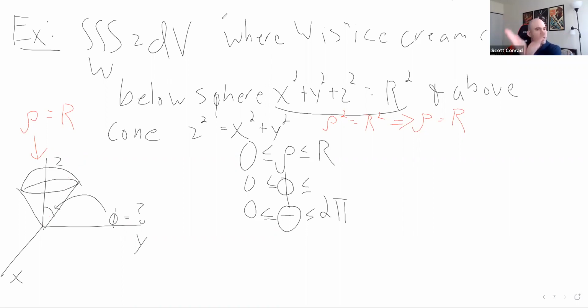We need to figure out what the equation of the cone is. That gives you the upper bound for phi. So we need to write the equation of the cone in spherical.